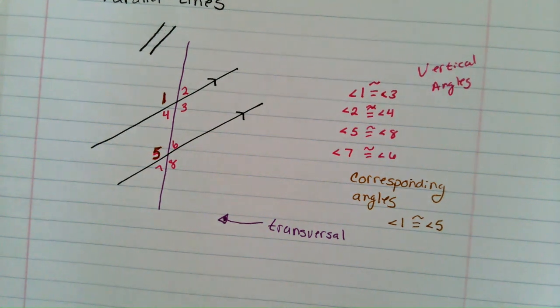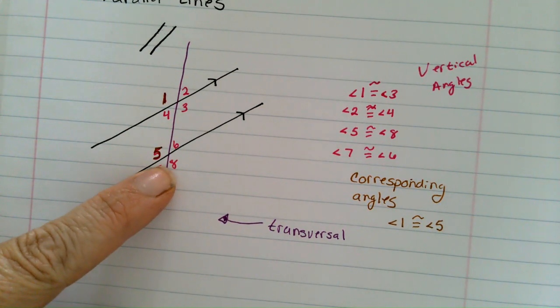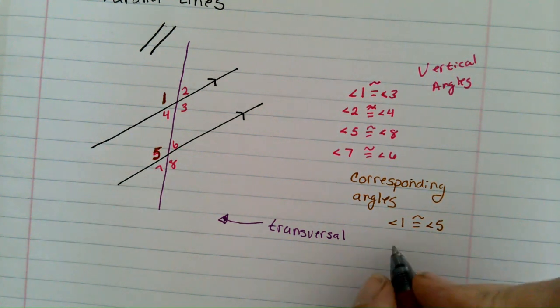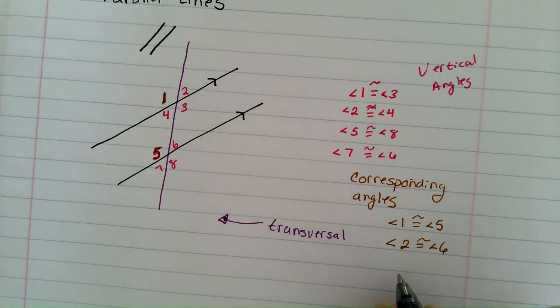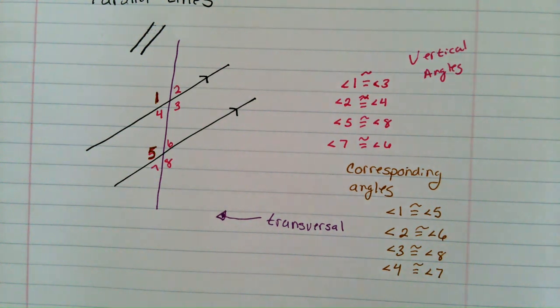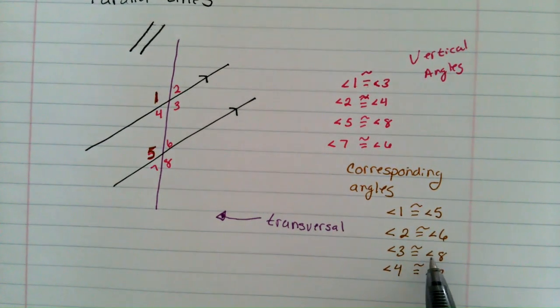Okay. Do we have other corresponding angles? Absolutely. 2 in the top line and 6 in the bottom line are also corresponding. And so on and so forth. So we have 3 and 8, and we have 4 and 7. Okay, well, here I said 1 is congruent to 3, but here I said 3 is congruent to 8.